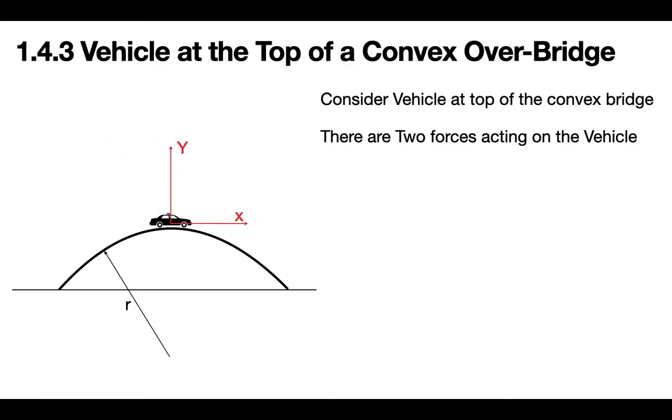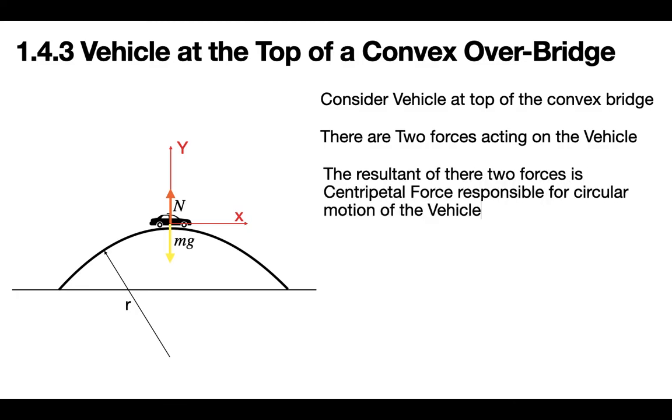If you consider that vehicle as a point mass and attach a frame of reference to that point, you can see the gravitational force mg acting downward and the normal reaction acting upward. The resultant of these two forces is the centripetal force responsible for the circular motion of the vehicle.